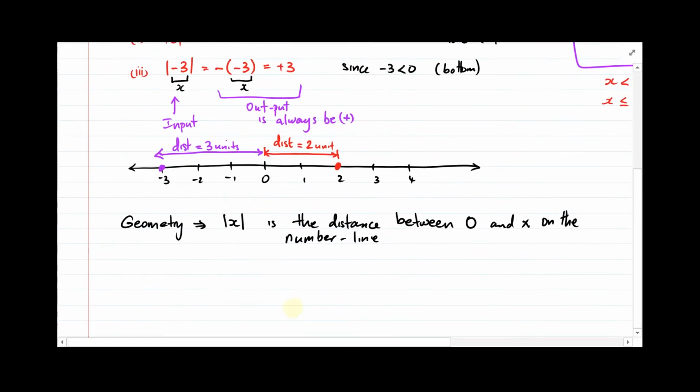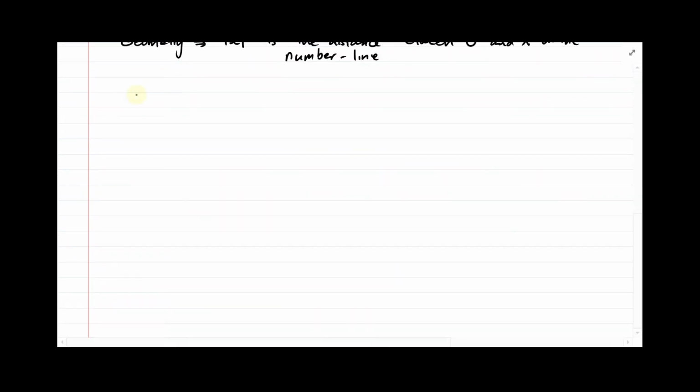All right, so continuing, let's do some more exercises. So we were at part 3, let's look at part 4. Now notice for the next one here, you have the absolute value, but there is a negative sign on the outside. Right? It's on the outside of the absolute value. All right.